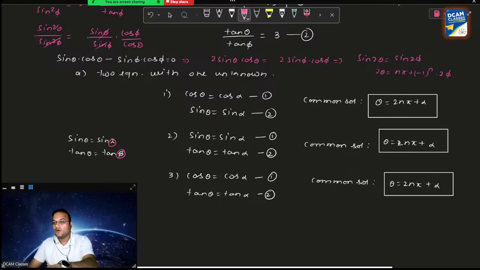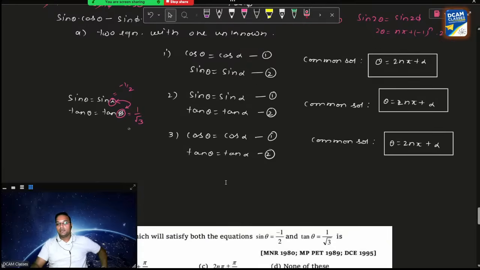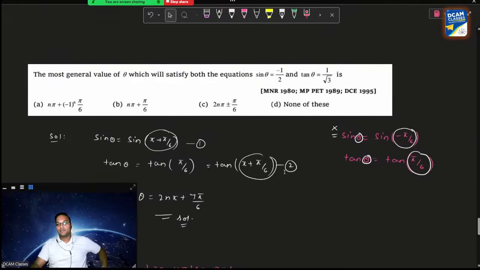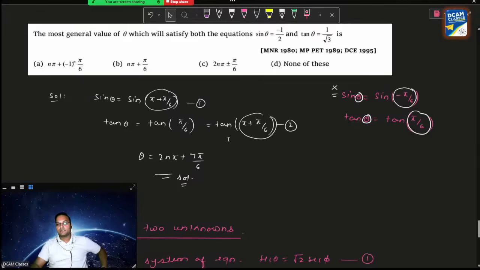To write the common solution, that is 2n pi plus alpha, you should make them equal, so that at what angle alpha does sine alpha become minus 1 by 2, and at what angle beta does it become 1 by root 3, so that alpha and beta are equal. Once you have made them equal, then you can write the general solution as theta is equal to n pi plus 7 pi by 6, like I have done.